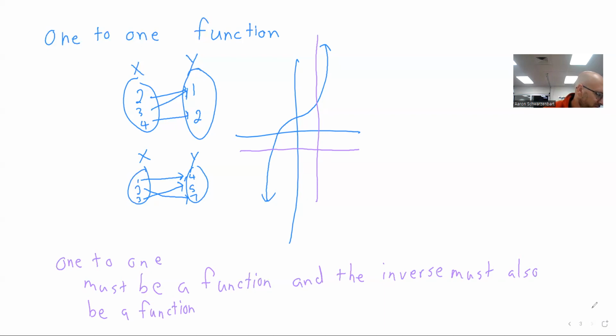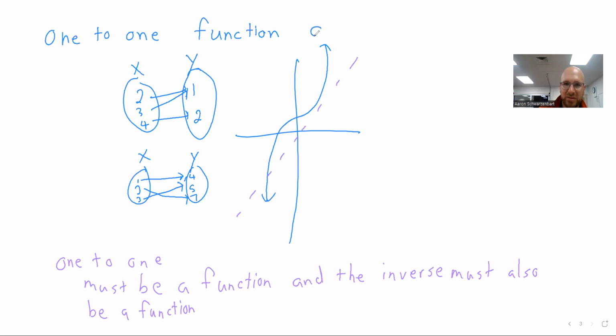So again, finding the inverse is simply the reflection over y equals x. This is roughly example 5. So my function is in blue.